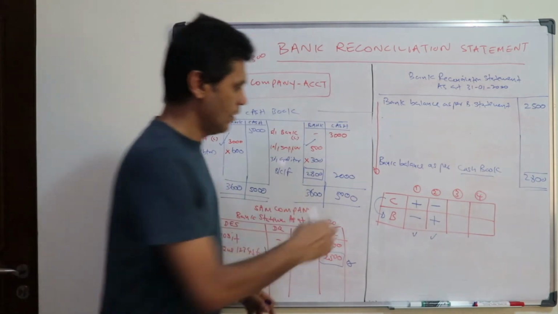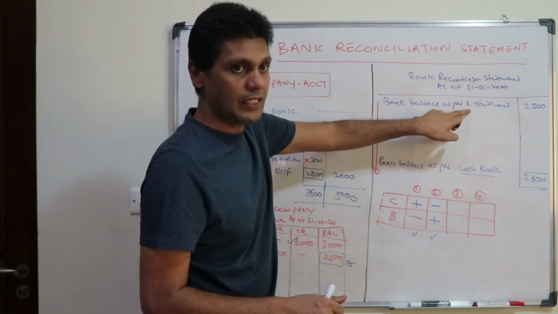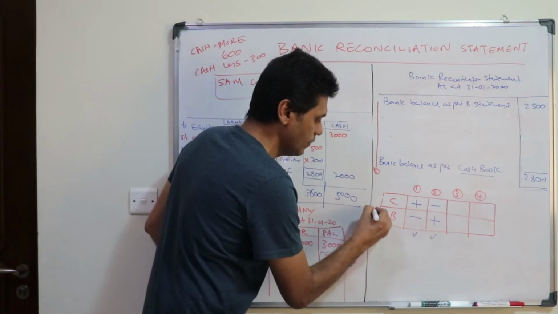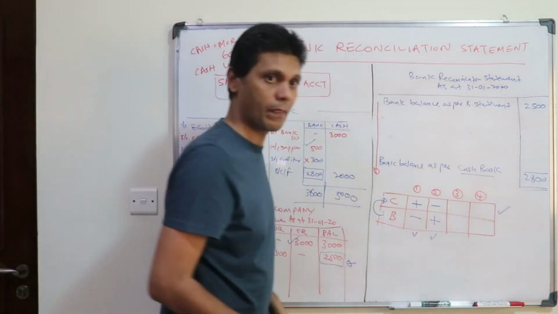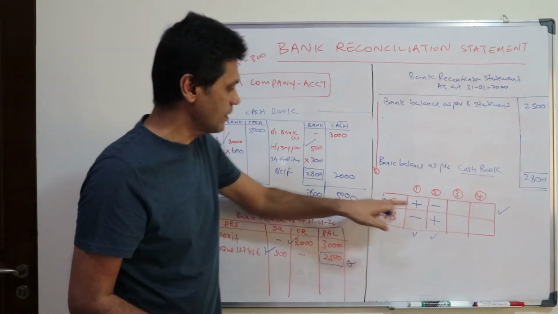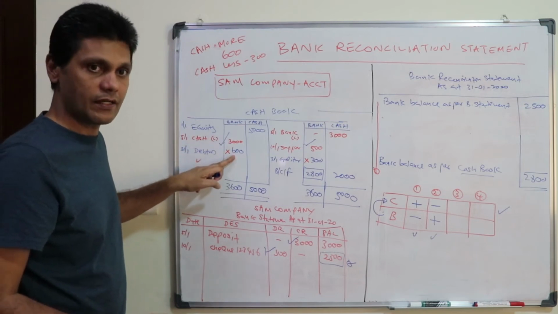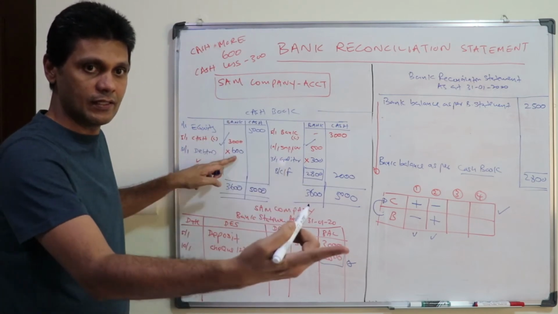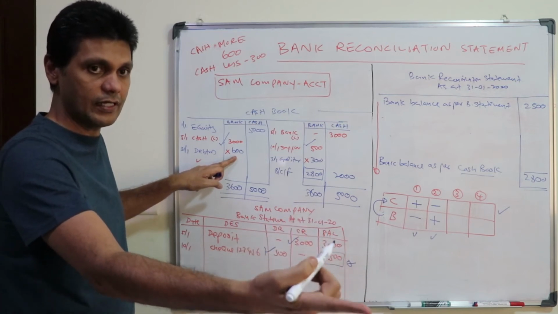Now we are taking the bank statement balance. We have to arrive at cash book balance. So from here to here, then you need to take which row? This row. The first transaction. What is the first transaction? The deposit 600. We debited our bank account, we increased our bank account, whereas the bank did not credit our bank account.